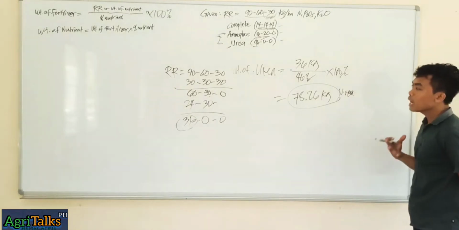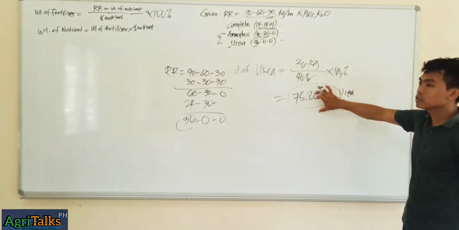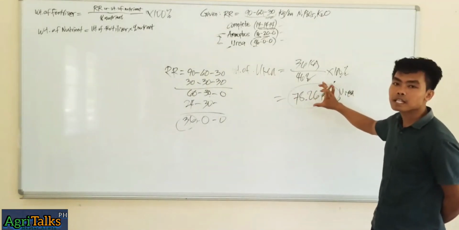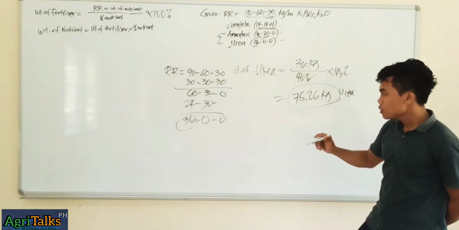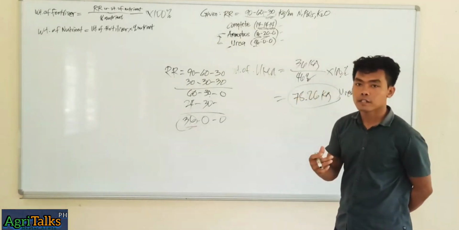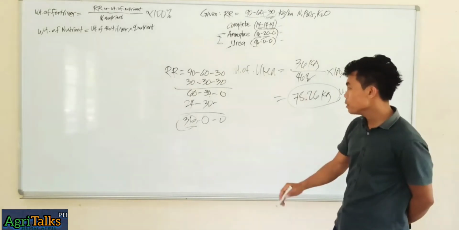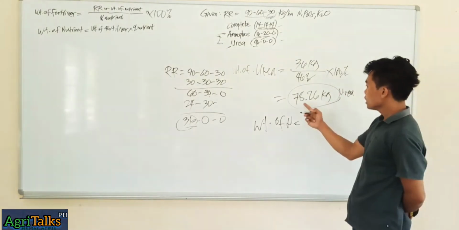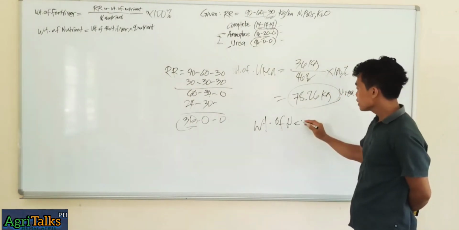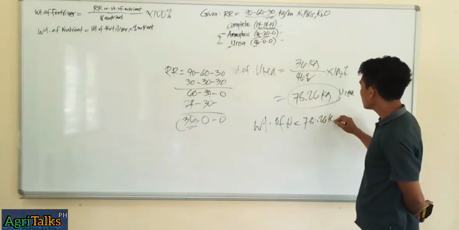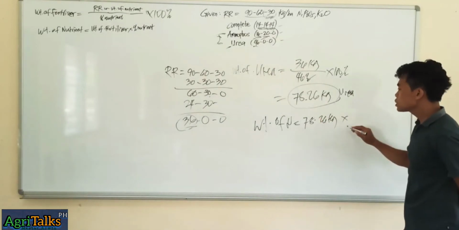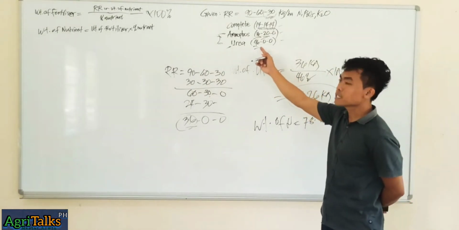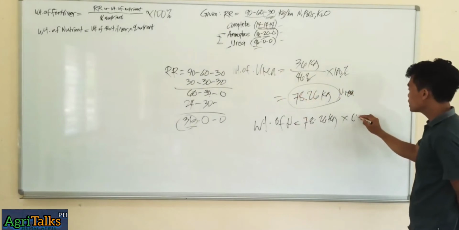So how to check if this amount is correct, or if we apply this amount, do we also apply 36 kilograms of nitrogen? We will now use the second formula. Weight of nitrogen is equal to the weight of fertilizer, 78.26 kilograms, times the nutrient percentage, which is 46%.